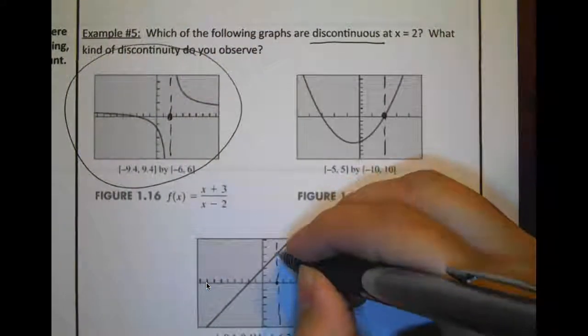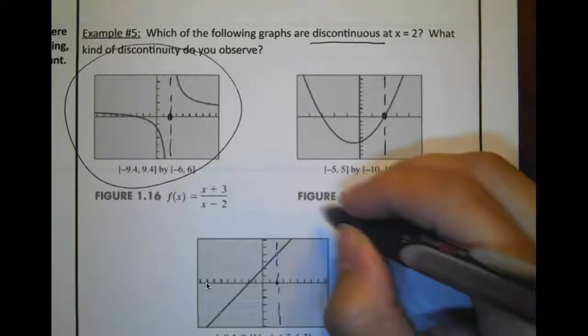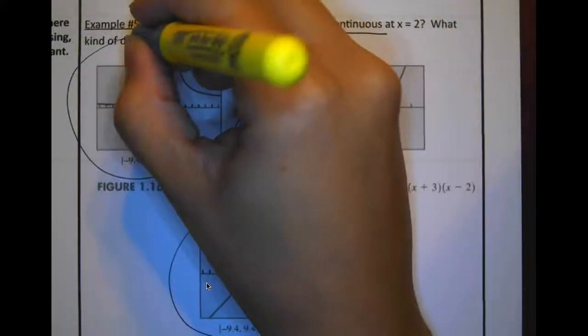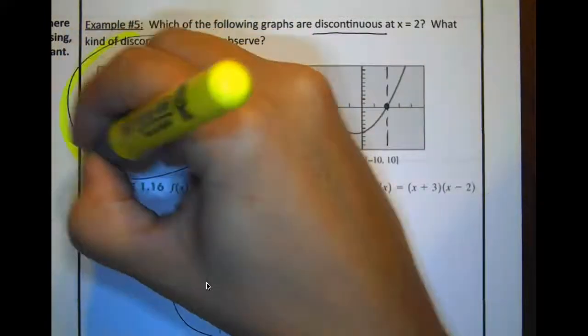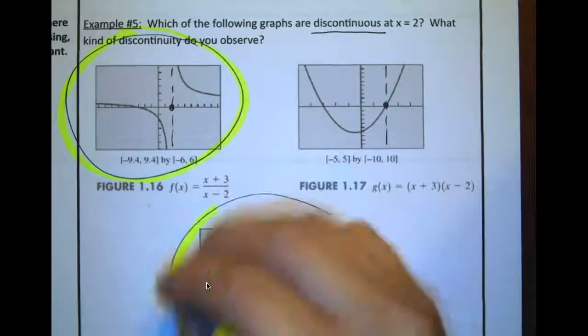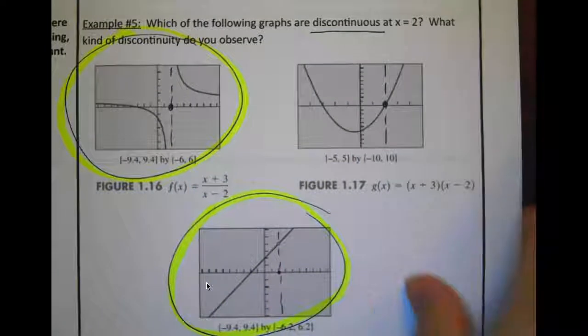And this one, if you look very closely, there's this tiny break in the graph there. So these two graphs appear to be discontinuous. All right, let's go on to the next page.